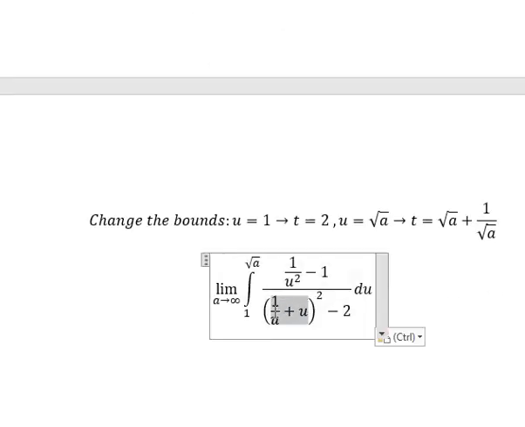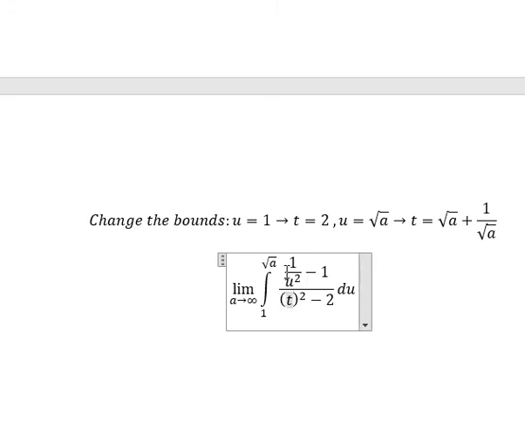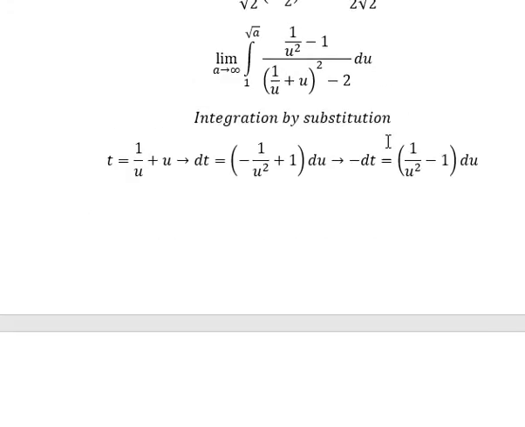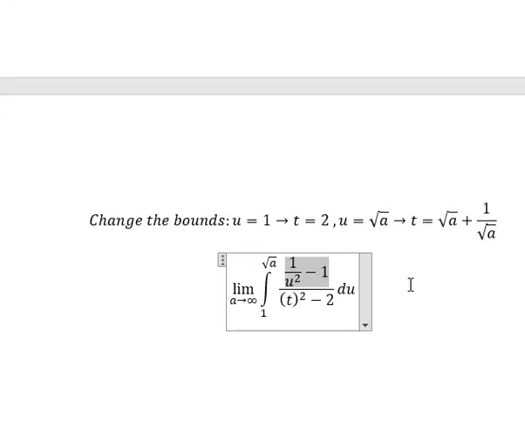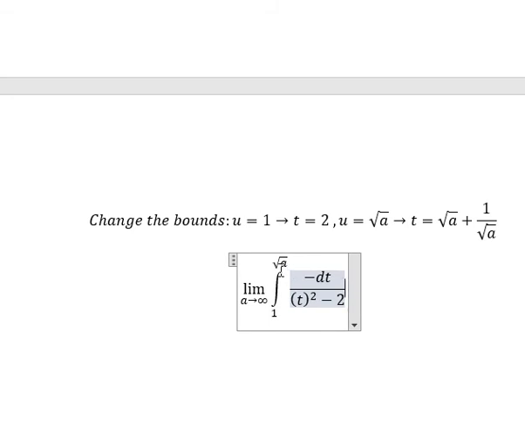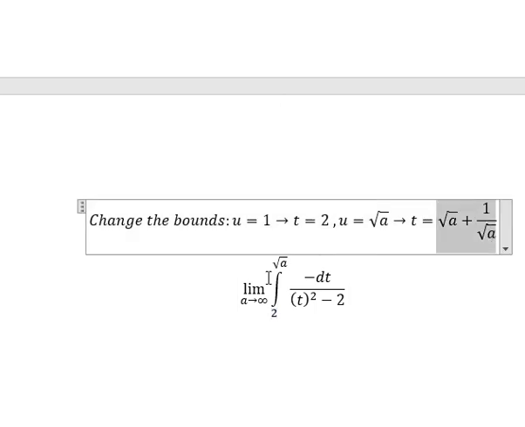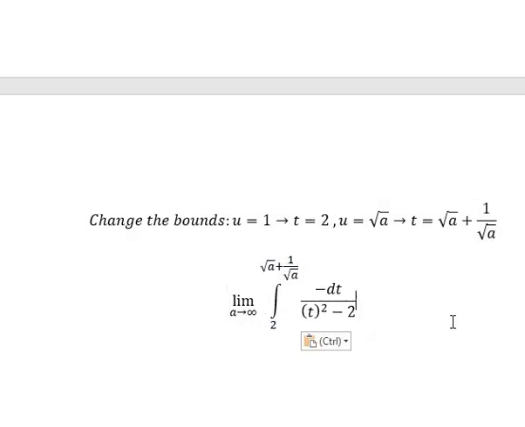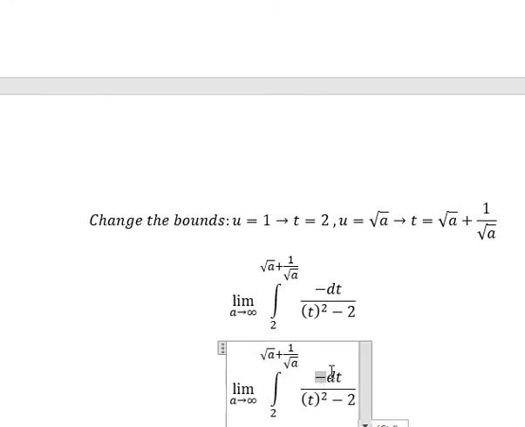So this one we change by t. This one with du we change by negative dt. Number 1 we change by number 2. The square root of a we change by this one. So the negative, I will put outside.